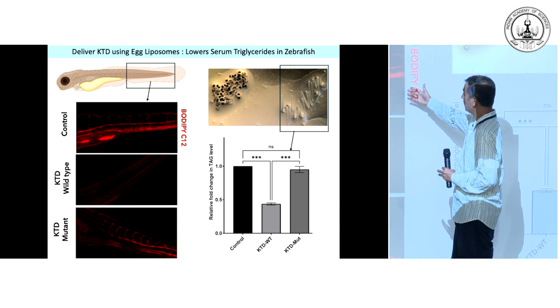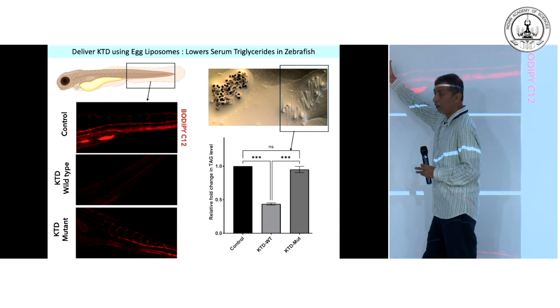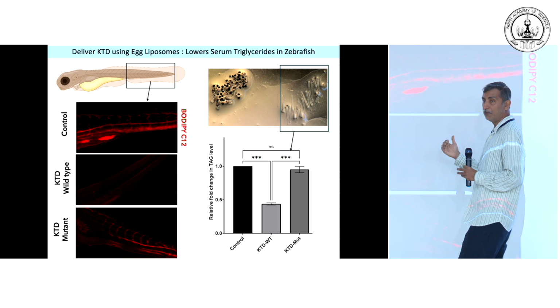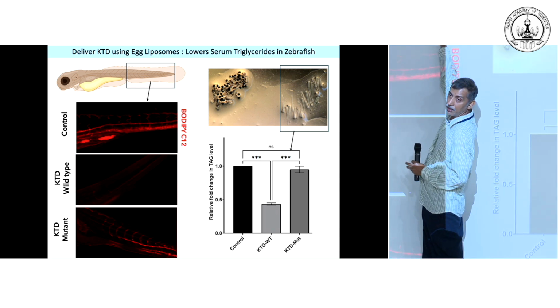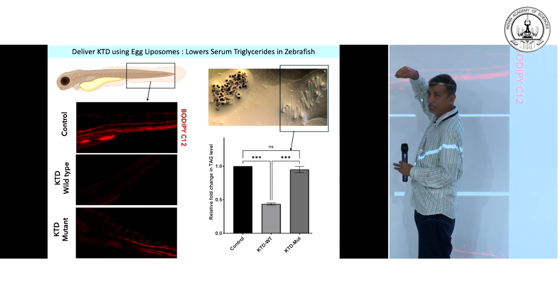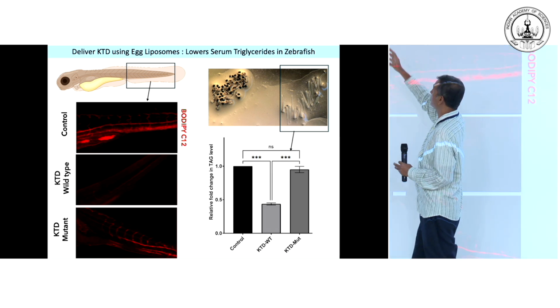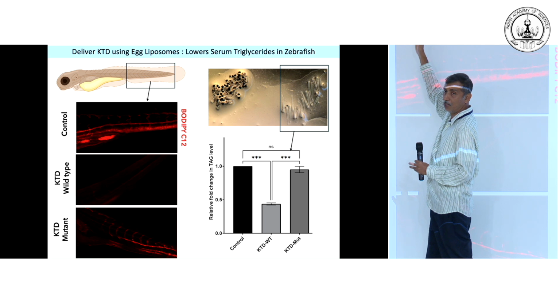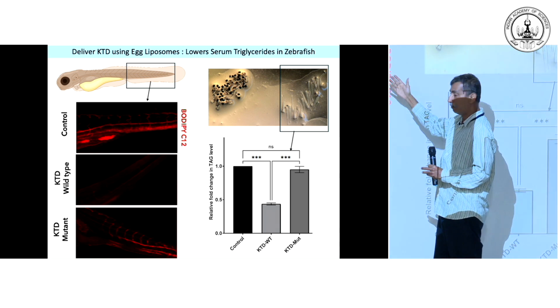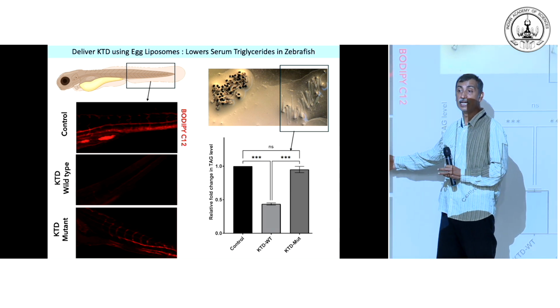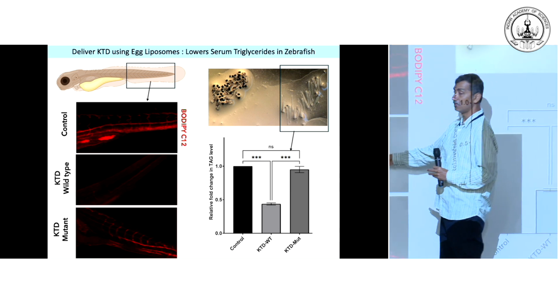So what we find is that in a normal fish, when you deliver this red fatty acid, it goes into these parts of the body. What is happening is that the fish is eating it, the red fat is going to the intestine and to the liver. From the liver and the intestine, it is getting secreted out all over the body, and you see that happening. But when I add this kinesin tail domain, you don't see that happening.